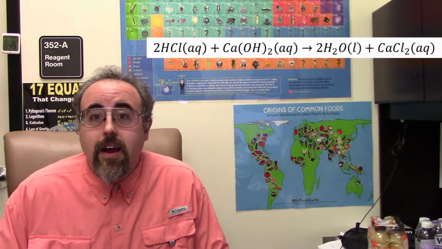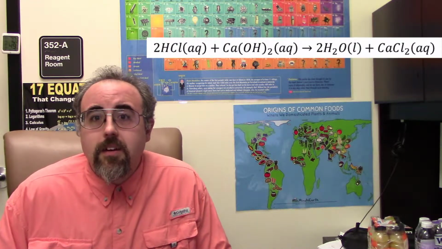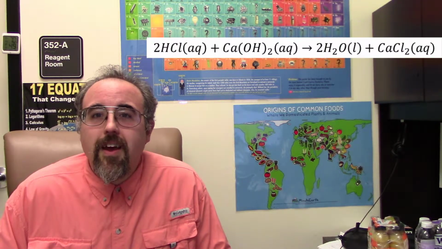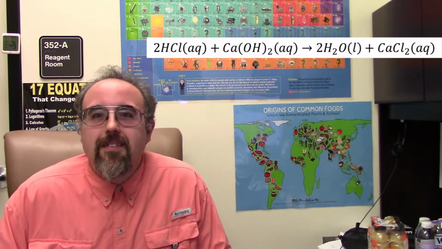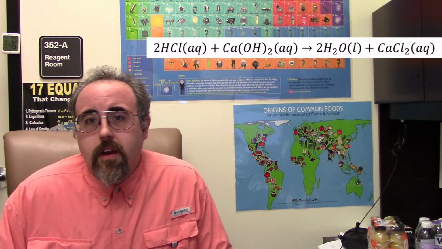So for example, we could have the reaction between hydrochloric acid and calcium hydroxide. So in this case, we would have an equation that would be 2HCl plus Ca(OH)2 yields, and then to keep things balanced, 2H2O plus CaCl2, thus giving our ratios.